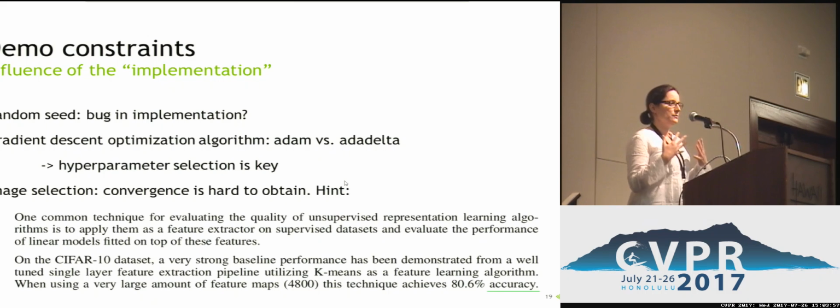There are a lot of tricks. If you can't train, the problem might be your gradient descent mechanism. That's usually the first reflex we have. When it doesn't train, okay, let's change your learning rate, let's change the gradient technique, let's find something. And we had results that were extremely different depending on the random seed we were using, so we had some kind of bug in our initialization implementation.